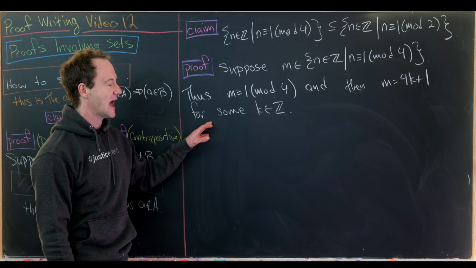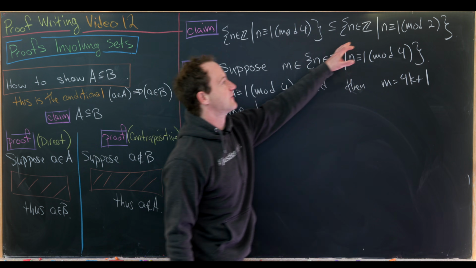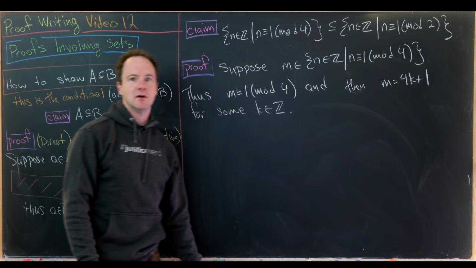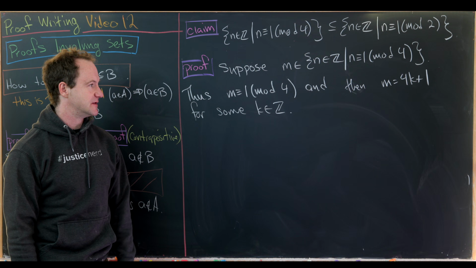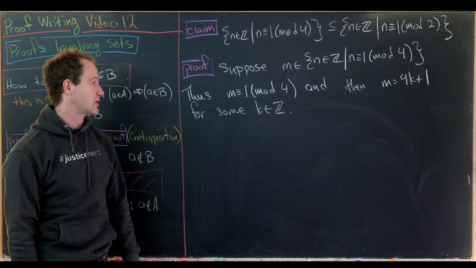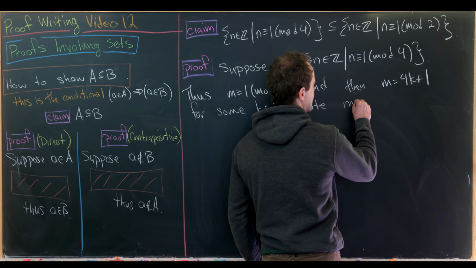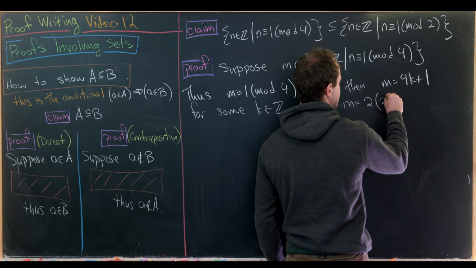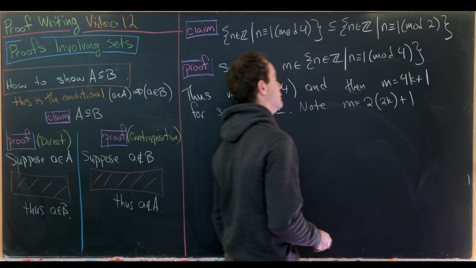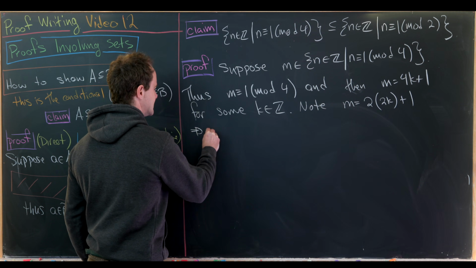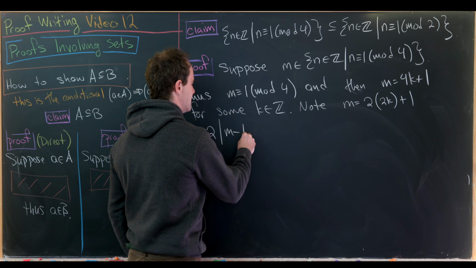Okay, so now looking ahead, we'd like m to be of the form 1 mod 2, but that means that m minus 1 is divisible by 2, but we can show that pretty easily. So now let's note that m is of the form 2 times 2k plus 1. But that means that 2 divides m minus 1.